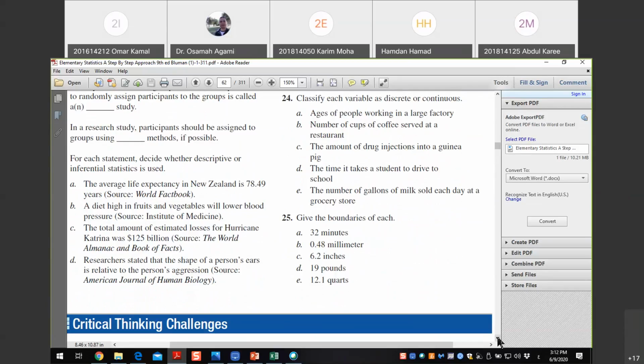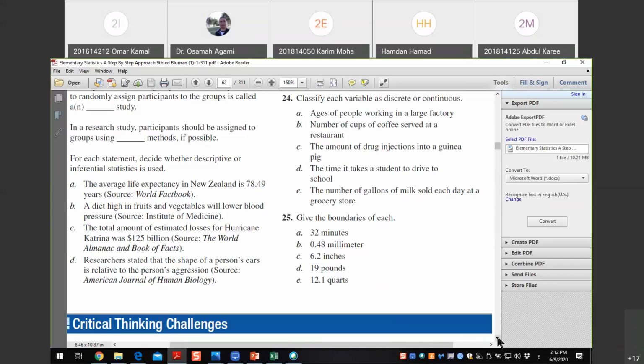Number of cups of coffee served at a restaurant. Continuous. You have to know the difference between discrete and continuous. Discrete means you have gaps, right?